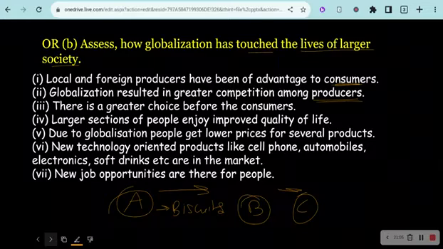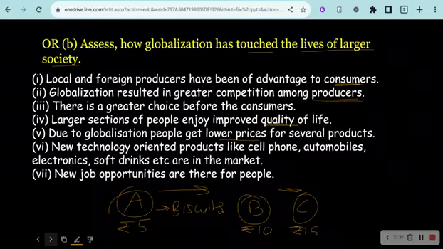Correct. Next, larger sections of people will enjoy improved quality. Correct, they will get a good quality of life. If only one company is there, you cannot get much quality or choice. But when there are more companies, more competition, you will get that. With globalization, people even get lower prices. People will say, okay, if A produces for 5 rupees, B for 10 and C for 15, correct?